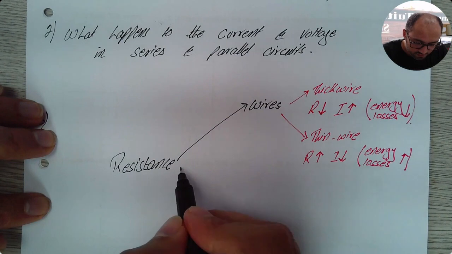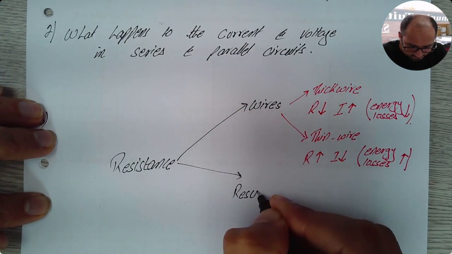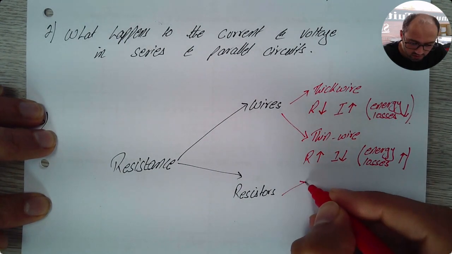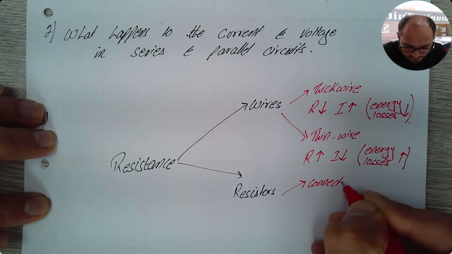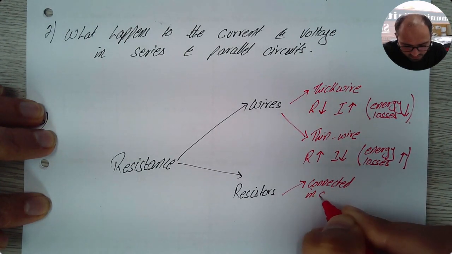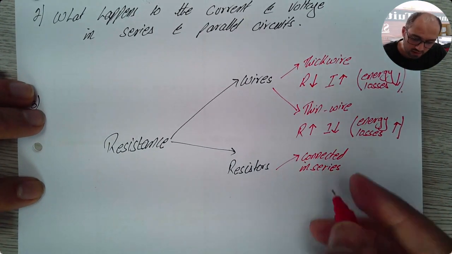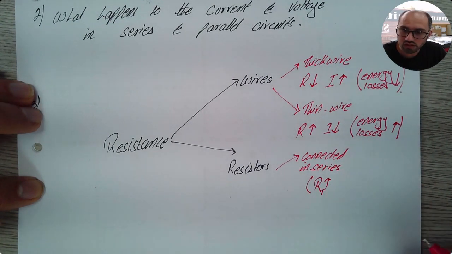Second aspect when it comes to resistance is resistors. When it comes to resistors, we can connect them in series. If they are connected in series, then my total resistance will increase.